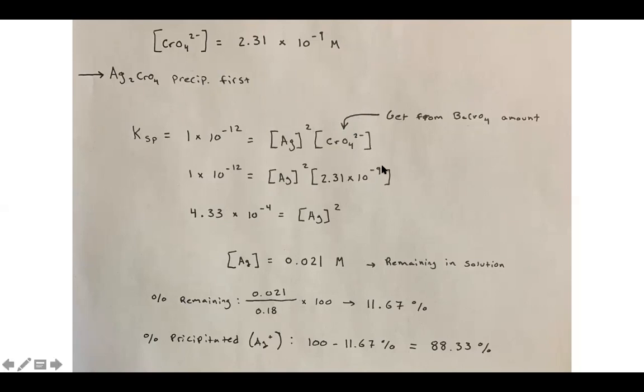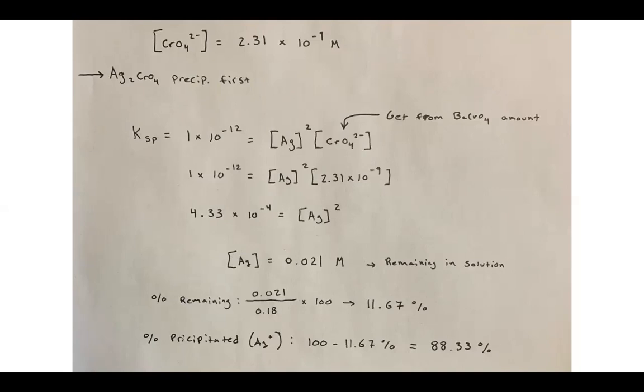So I'm going to plug that value in, and then use algebraic manipulation to find what my concentration of silver would be in the solution when 2.31 times 10 to the negative 9th is my chromate concentration. What I find is that my concentration of silver would be about 0.021 molar.